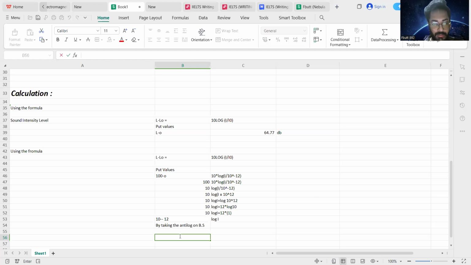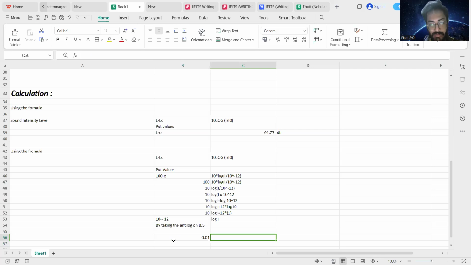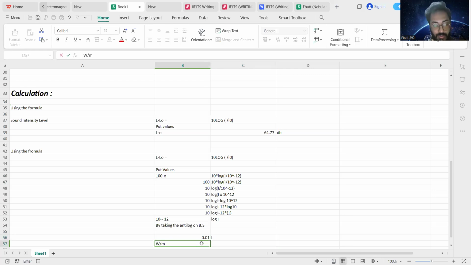By taking the anti-log on both hand sides, we use the formula 10 raised to power minus 2, and the answer is 0.01, and the anti-log will nullify the impact of logarithm on the right hand side, and we're left with the sound intensity. And the magnitude of the sound intensity is 0.01 watt per meter square.